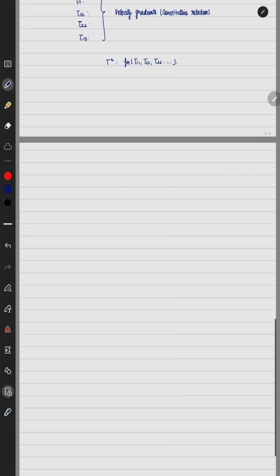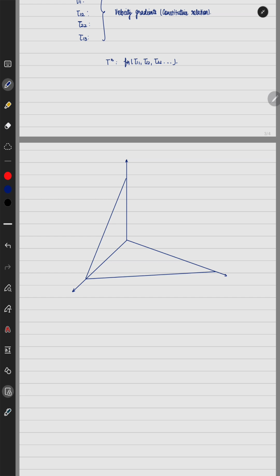Okay, so suppose I have an area which is oriented, or this is 1, this is 2, and this is 3.